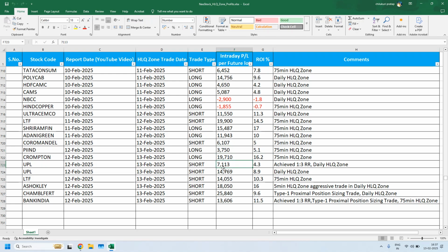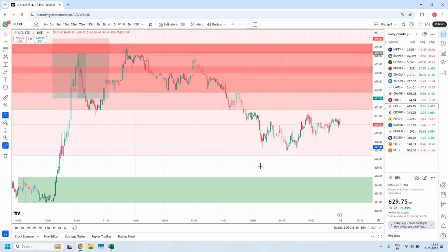But here you see more profit, 7,113, but ROA is only 4.3. Earlier it was 5.1. The reason is the margin cost is more here. Earlier maybe your margin cost was less than 1 lakh. Now it is around 1.5 lakh. So because of these reasons, your ROAs will be changing.